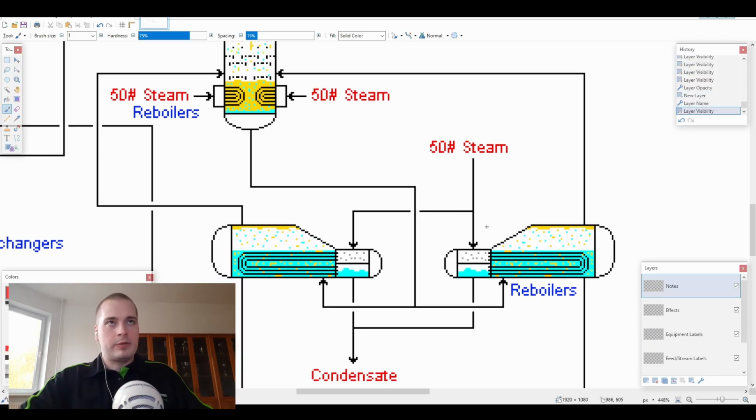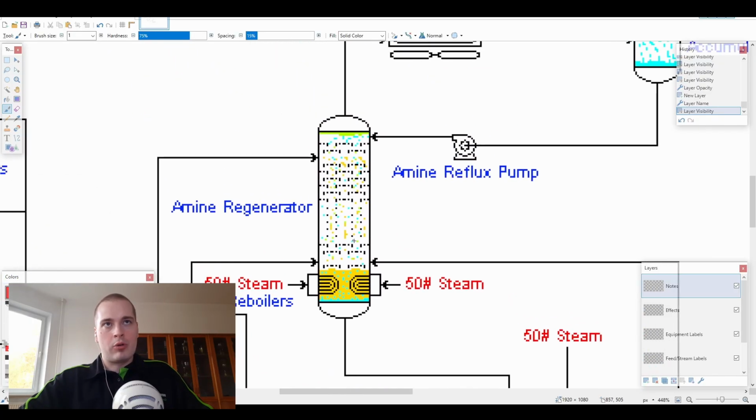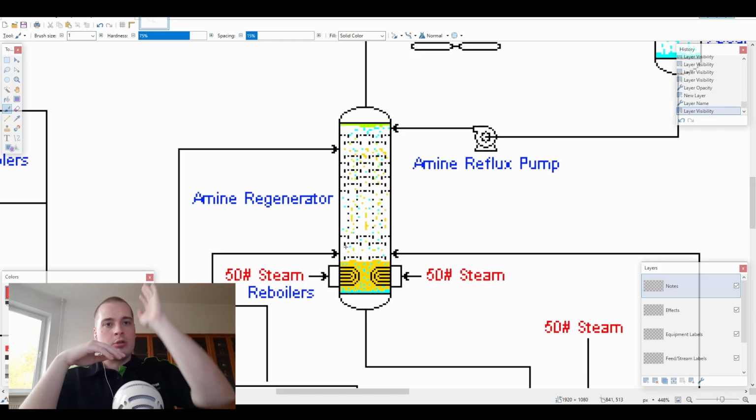In those reboilers we again have the 50-pound steam that enters and travels through the tubes and then leaves as a condensate. What that does is warm up the amine solution inside of the reboilers. It boils the water and boils the amine solution. So what leaves our reboilers through the top is steam, and then the steam goes back into our amine regenerator, enters through the bottom above the reboilers and travels to the top.